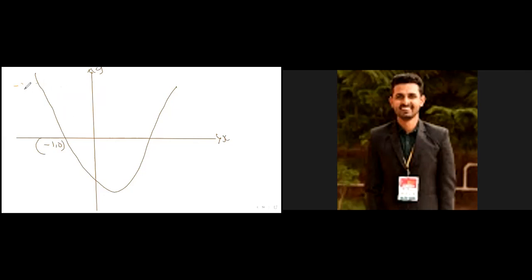This point is -2 comma 6, and this is, I'm just roughly drawing this, okay. And this point is 4 comma 0. This is 5 comma 6, and this is 0 comma -4. This point is 3 comma -4, also 2 comma -6, and this is 1 comma -6.